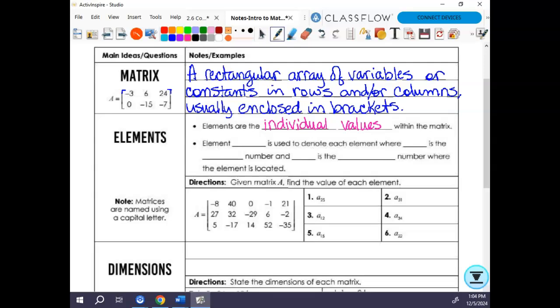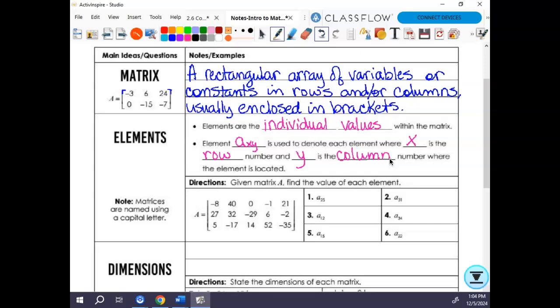If I have an element a with subscript x, y, it is used to denote each element, where x is the row number and y is the column number where the element is located.